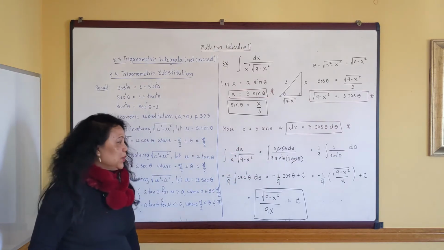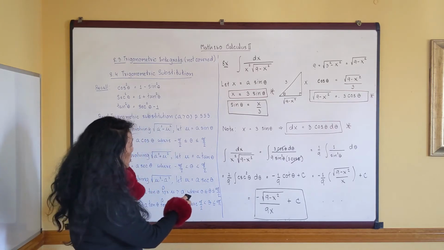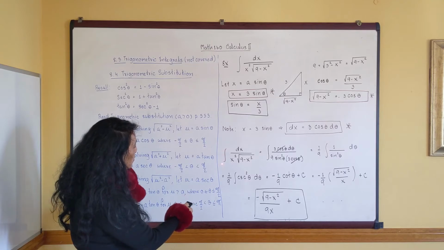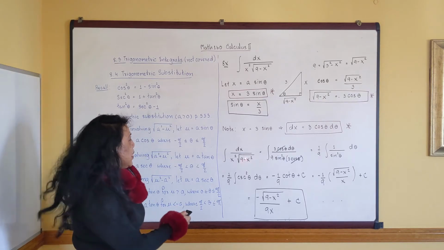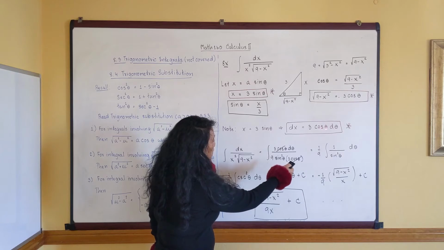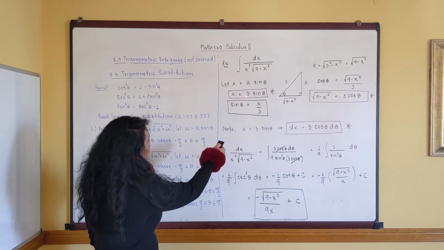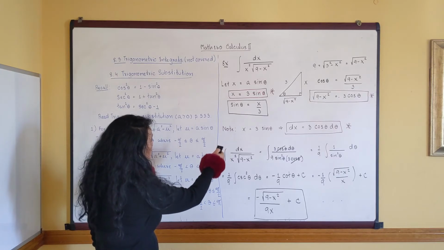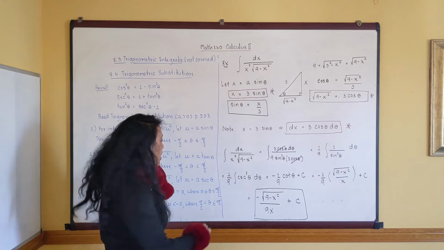Now I can do the substitution. Let's go back to the original integral: dx divided by x squared times the square root of 9 minus x squared. My dx I already solved for: it's 3 cosine theta d theta. My x is 3 sine theta, so squared it will be 9 sine squared theta.